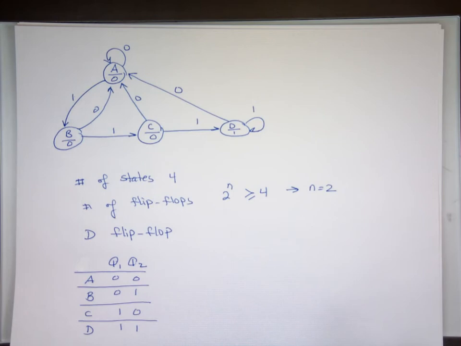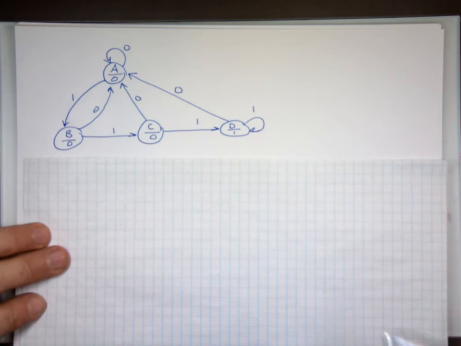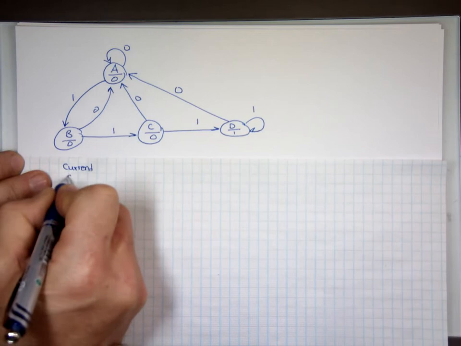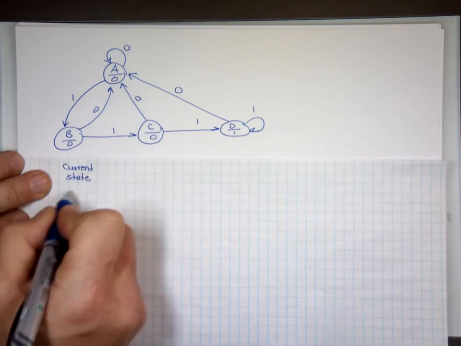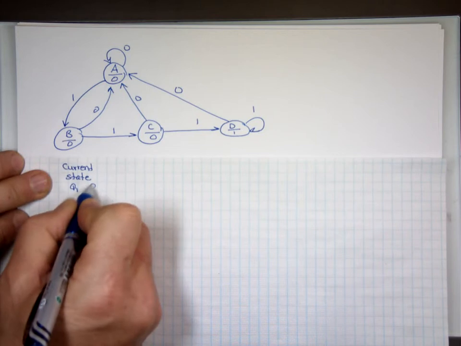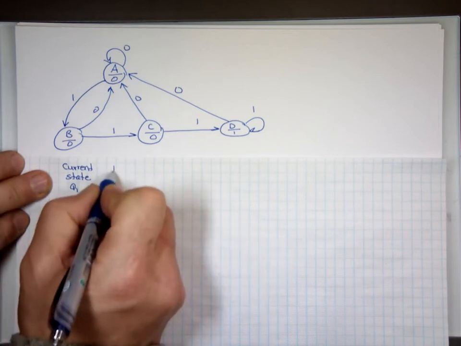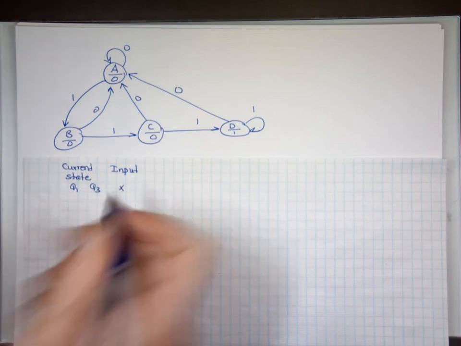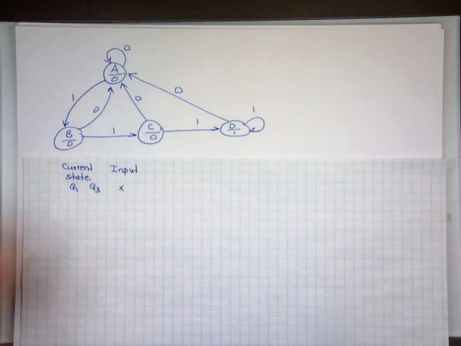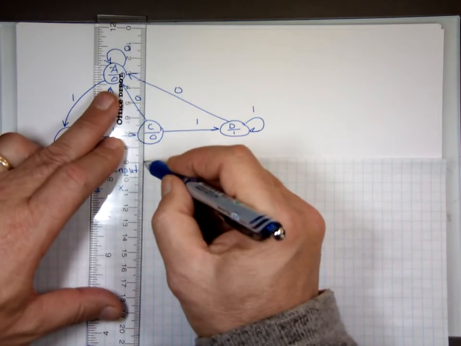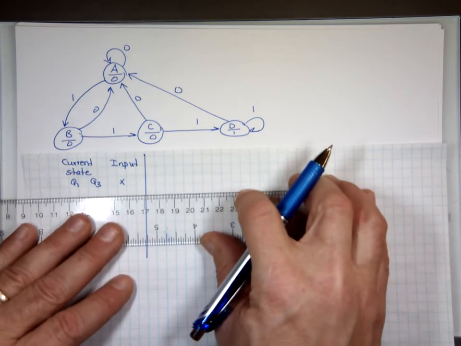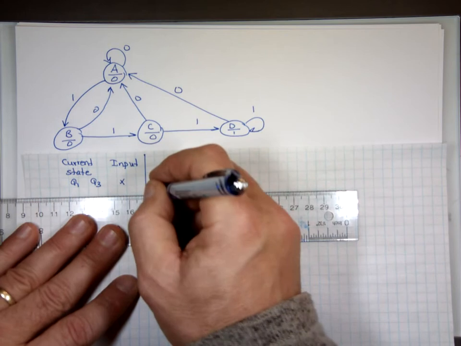Okay, here we go. Current states. Current state we have what? Q1 and Q2. Your input, the next one, we have X. Q1, Q2, 2 states.